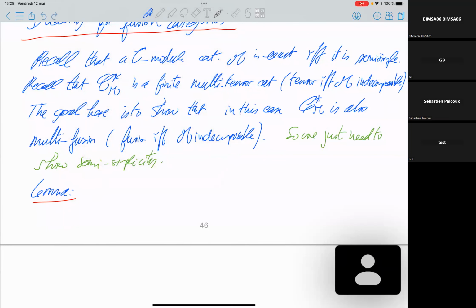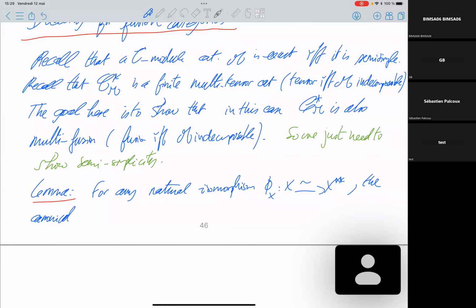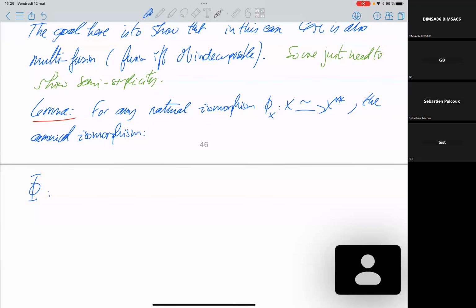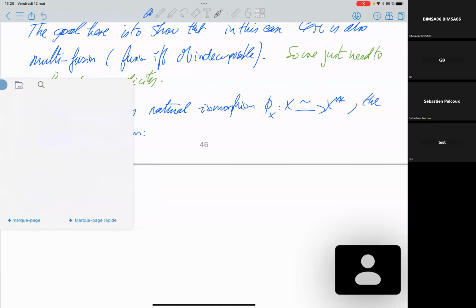So for any natural isomorphism phi_X, a natural isomorphism between the identity and the double dual, the canonical isomorphism, big phi, we will use this phi.